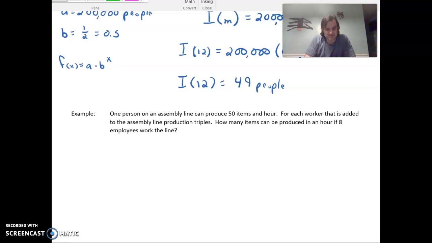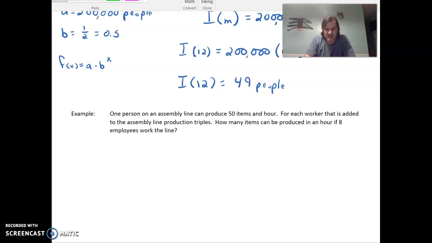Alright, example. One person on an assembly line can produce 50 items per hour. For each worker that is added to the assembly line, production triples. So if I can make 50 items in an hour by myself, if there's two of us, that's saying we can make 150 items.